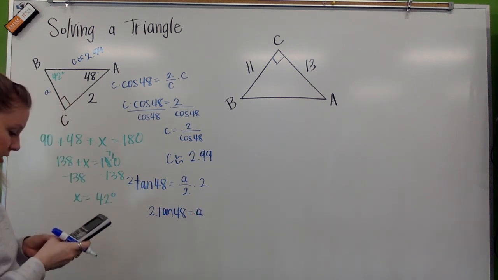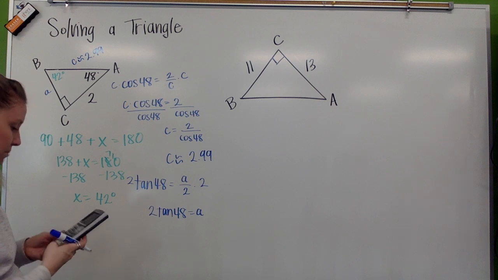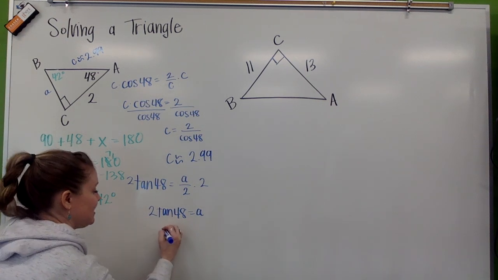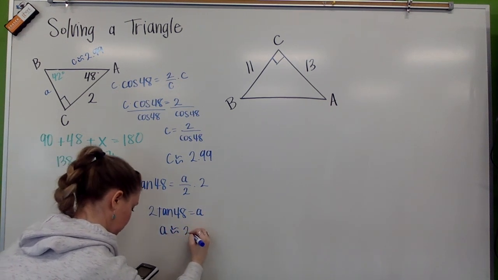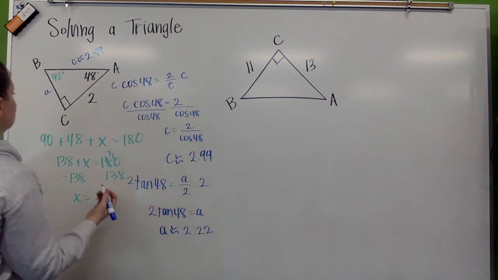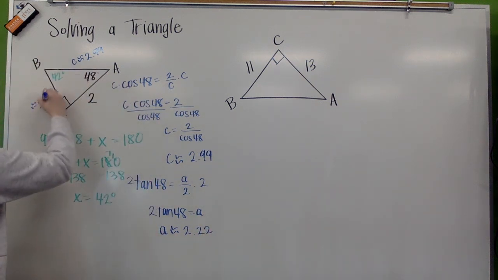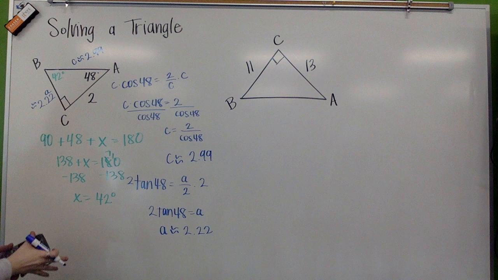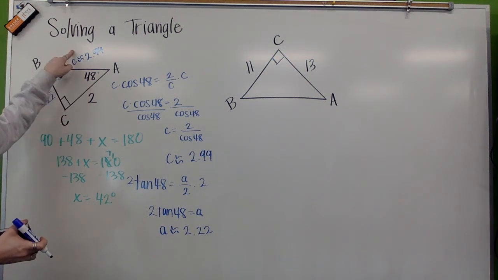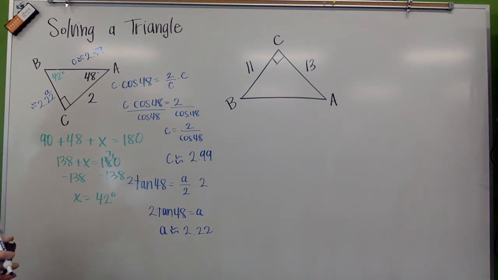So tangent of 48, multiply that by 2, and this side is about 2.22. Again, pretty small triangle, right? So I know all three sides. I know all three angles. That triangle is solved.